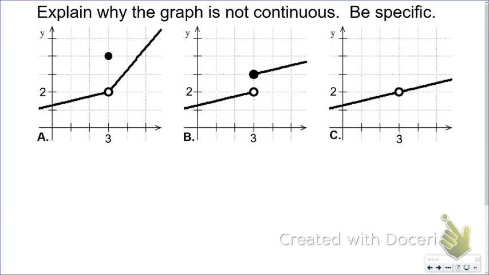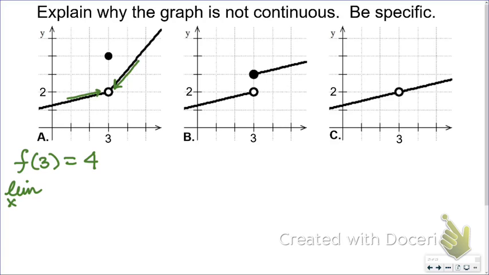I have 3 graphs here, and I'm going to explain why each graph isn't continuous. When x is 3, is there a point? There is a point, so condition 1 is met. F of 3 is 1, 2, 3, 4. It looks like it's 4. Does the limit exist? As x gets closer to 3, is y approaching something?